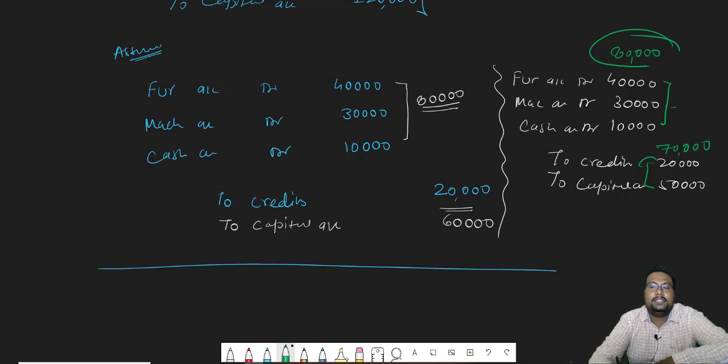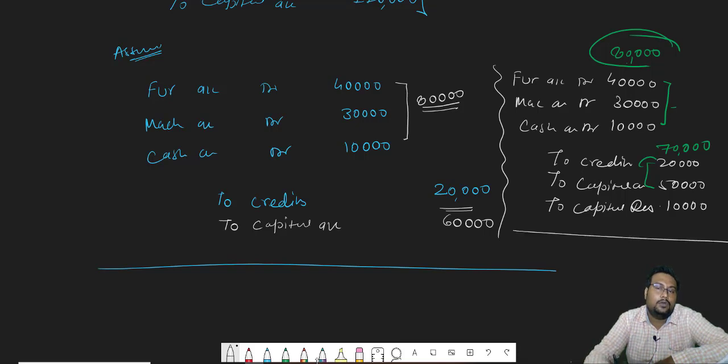And this side total is coming how much beta? 70,000. So the person will transfer the difference amount to capital reserve. How much? 10,000. 50 plus 20 plus 10, 80 is equal to 80.